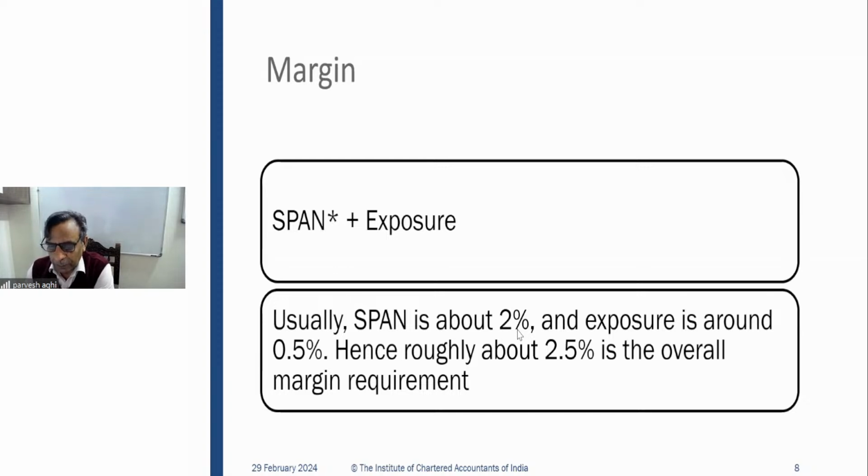So you have to make a deposit before you enter a trade, and it's called span margin. Span is nothing but a software which helps the stock exchange understand how much margin they need to collect based on the volatility of the currency pair. As of now, the rate is about 2.5%. It can change to 2.25% or 2.6% or whatever. Currently, it is hovering around 2.5%.